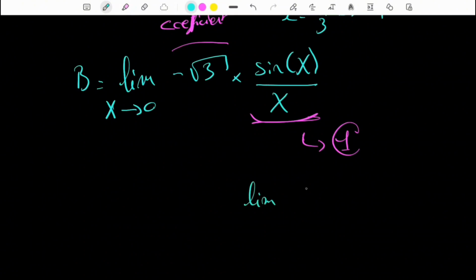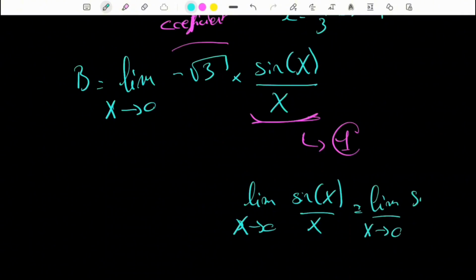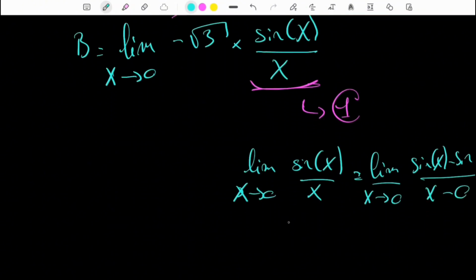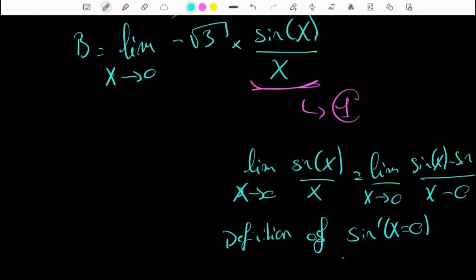So the limit of sine of x over x when x tends to 0 is equal to the limit when x tends to 0 of sine of x minus sine of 0 over x minus 0, and this is the definition of the derivative of sine, so sine prime of x when x is equal to 0 is equal to cosine of 0, which is equal to 1.